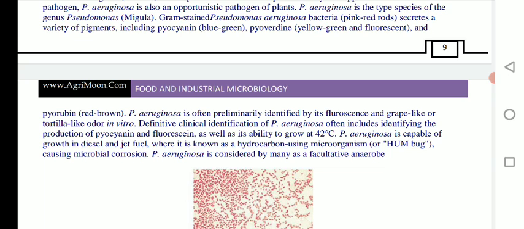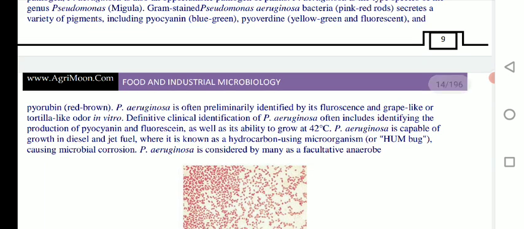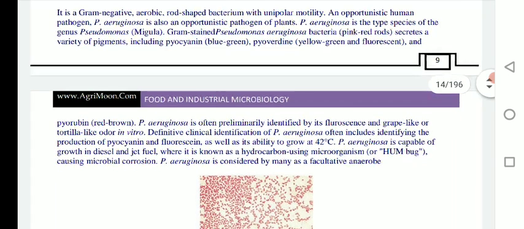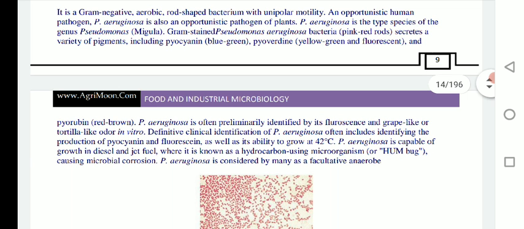Then Pseudomonas aeruginosa is capable of growth in diesel and jet fuel also. This is again a peculiar thing in case of Pseudomonas aeruginosa, that it is capable of growing in diesel and jet fuel, where it is known as a hydrocarbon using microorganism, or HUM bug.